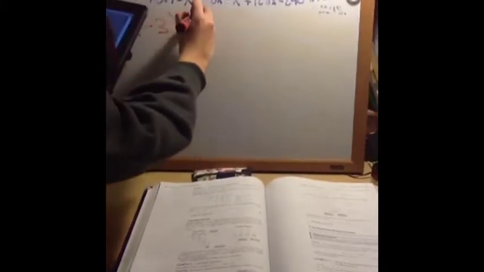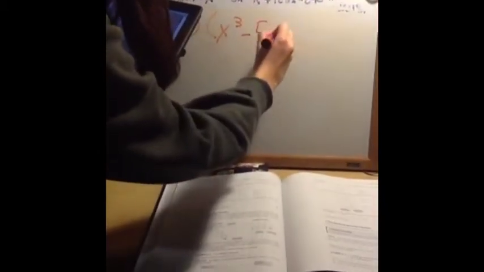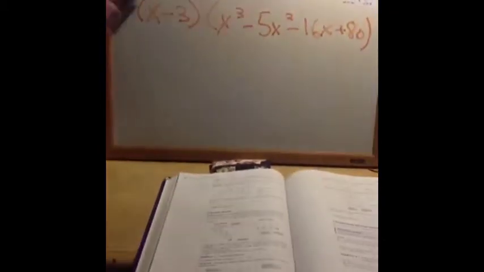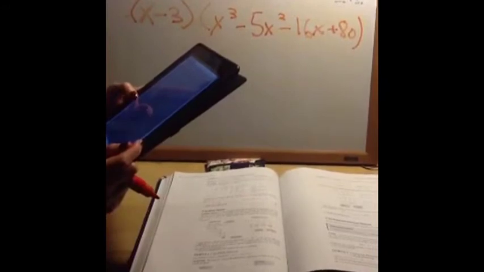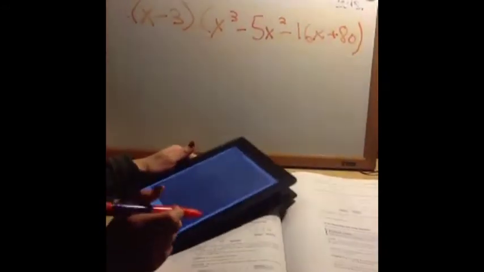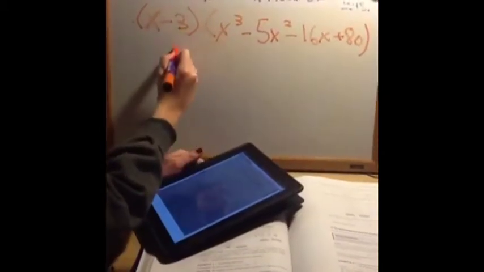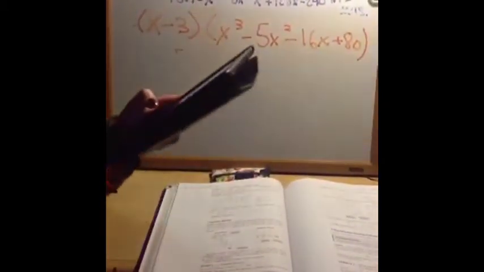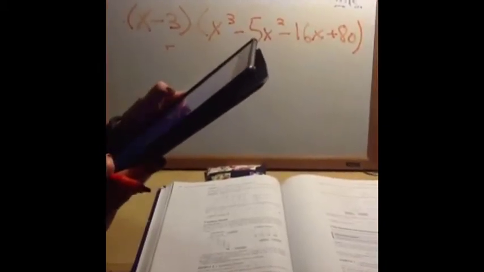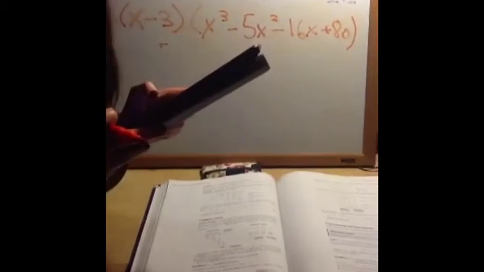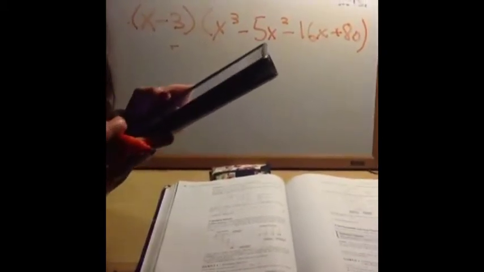So we have x minus 3 as a factor. The possible roots for this polynomial, I'm just going to read them off: plus or minus 1, plus or minus 2, plus or minus 4, plus or minus 5, plus or minus 20, plus or minus 40, and plus or minus 80.